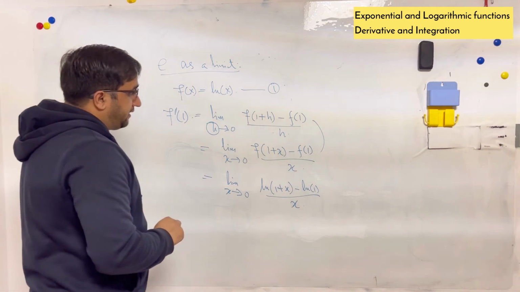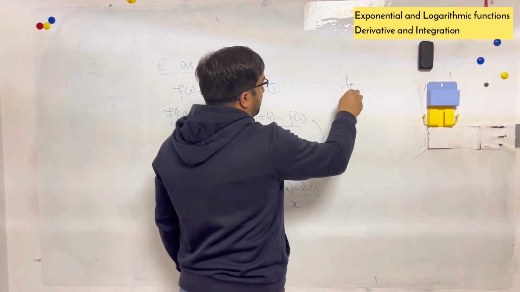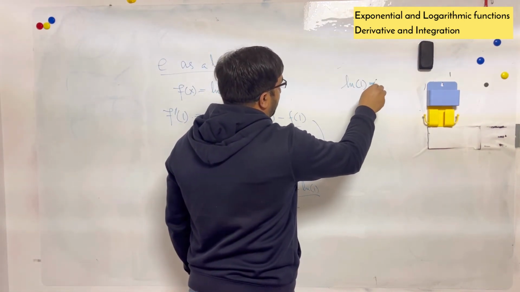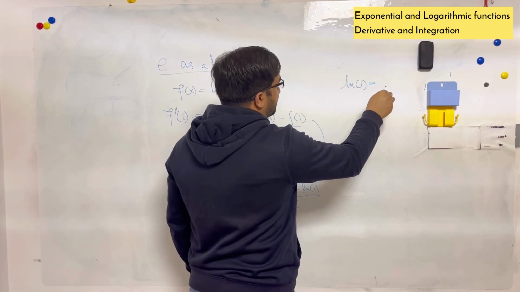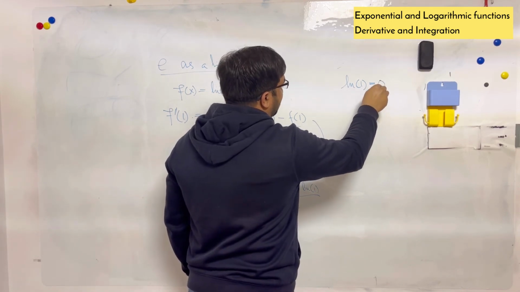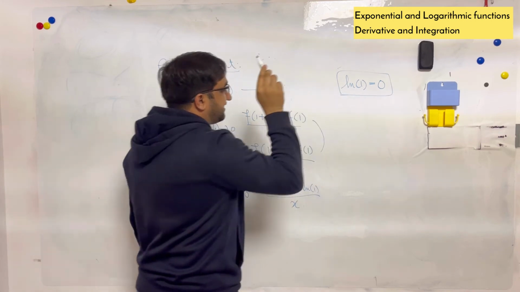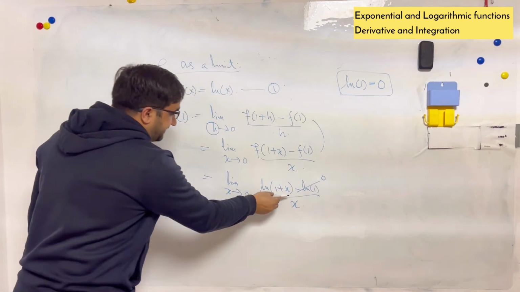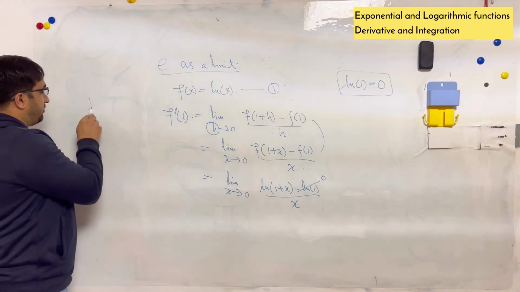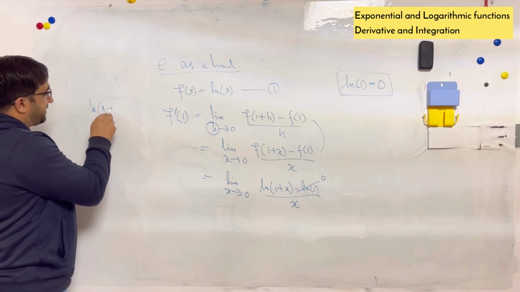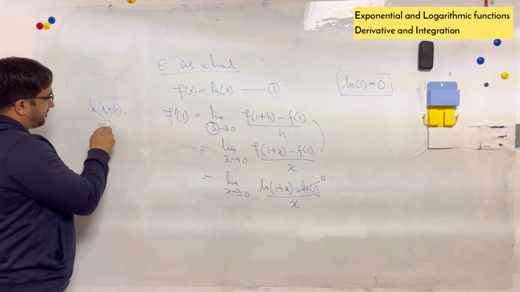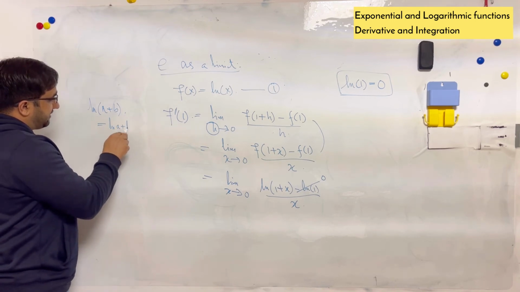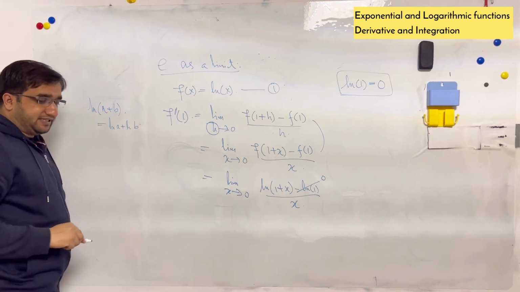The natural log of 1 is always 0. Good, so this term cancels out. And there is a rule for ln of a times b, which is equal to ln of a plus ln of b.